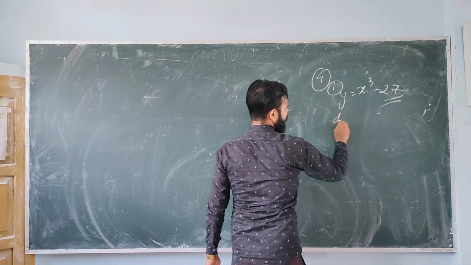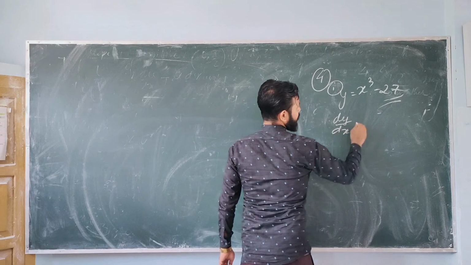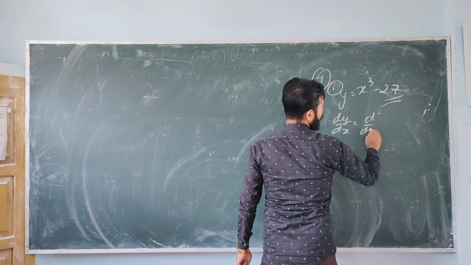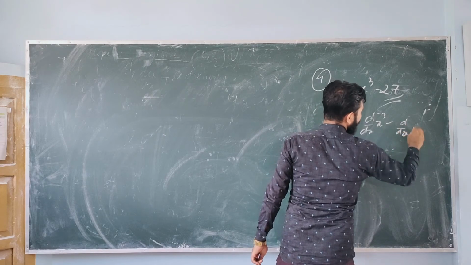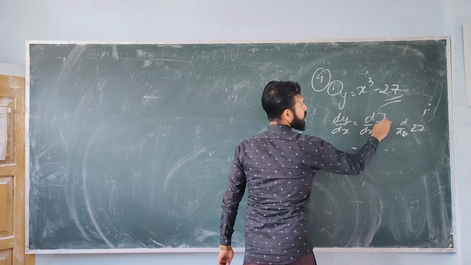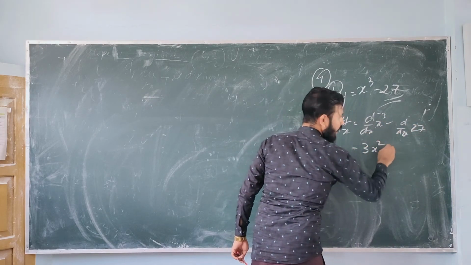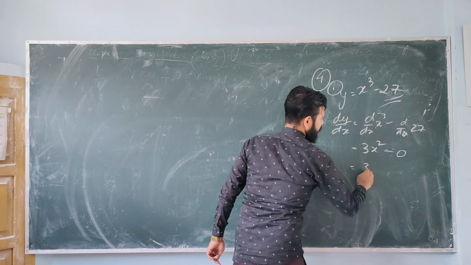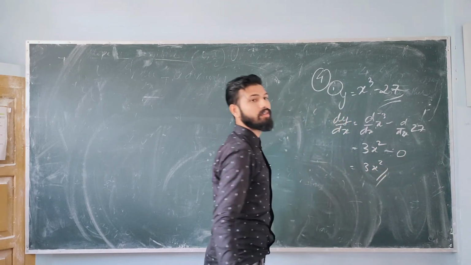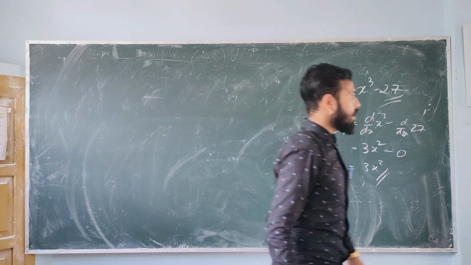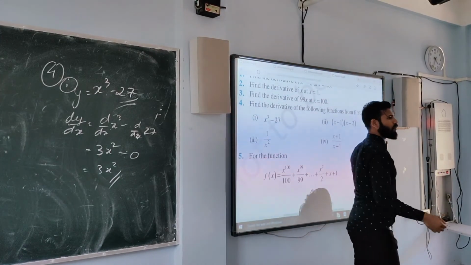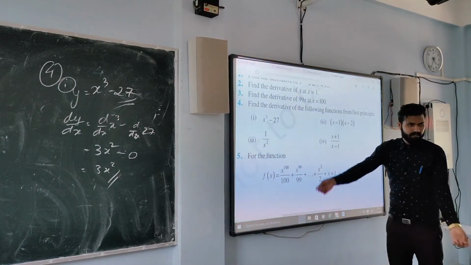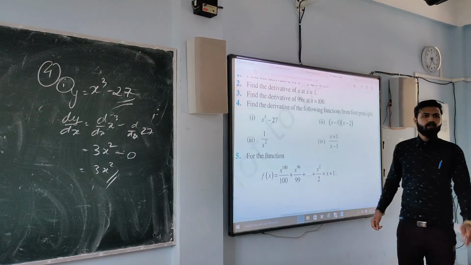That is dy by dx equal to d/dx of x cube minus d/dx of 27. Yes, good girl. x cube gives 3x square minus 0, answer is 3x square. Finished. Same thing, you do this one: x minus 1 into x minus 2. Either use the product rule or expand it and solve it. There are two methods to solve. Hurry up.